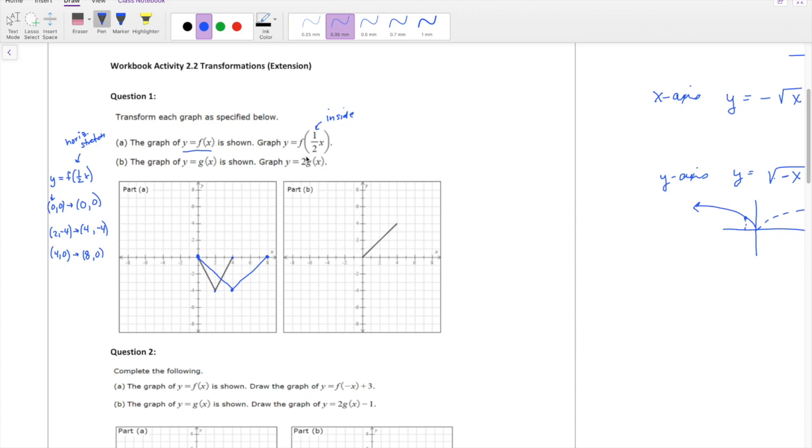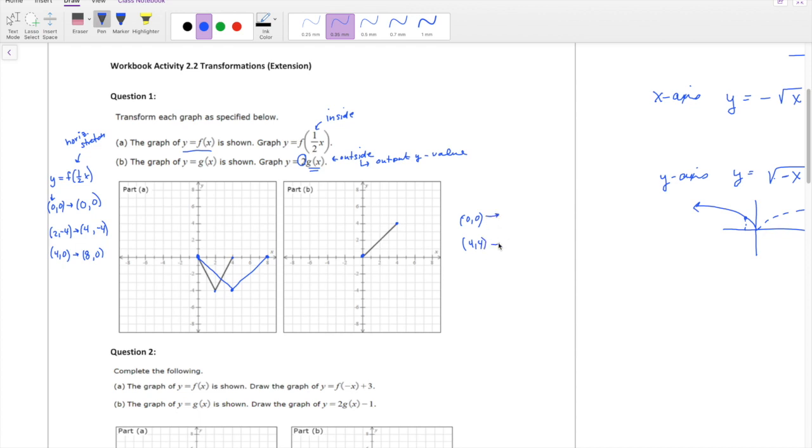Now this one, where the 2 is being multiplied on the outside of the function, is impacting the output, or y value. Again, let's take 2 points to shift: (0, 0) and (4, 4).